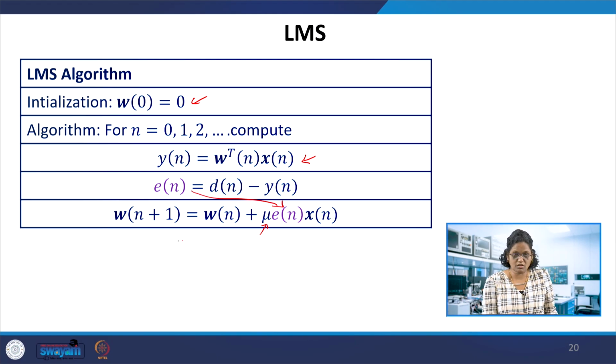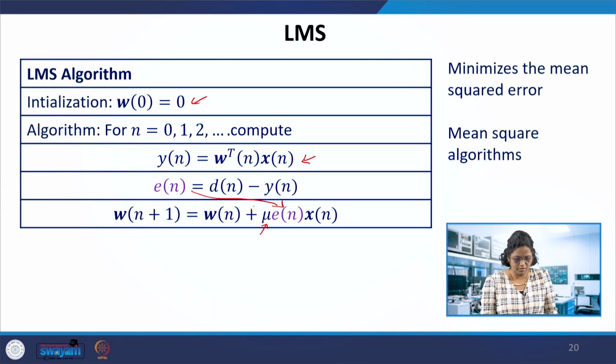Mu needs to be fixed between 0 and 2 by lambda max, where lambda max is the maximum eigenvalue of R, the autocorrelation matrix. So E of n into x of n is how this weight vector is updated in the least mean square algorithm. This minimizes the mean square error, and these come under the mean square algorithm, the cost function type we saw when we started, where we have two types of cost function.